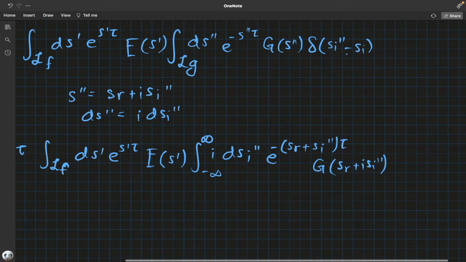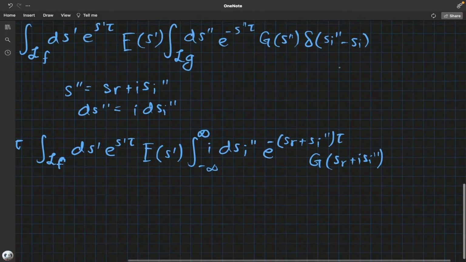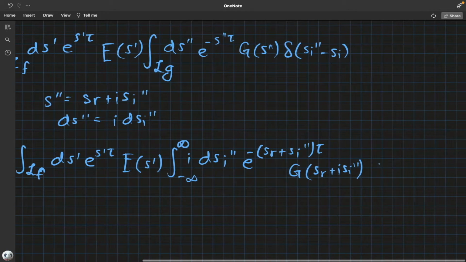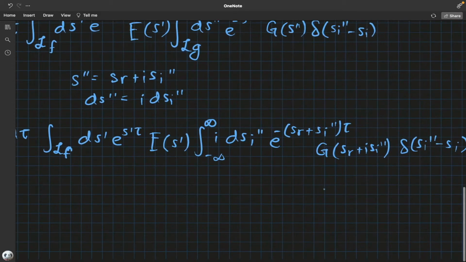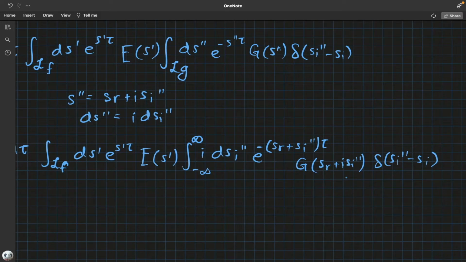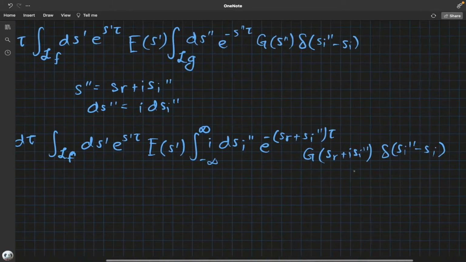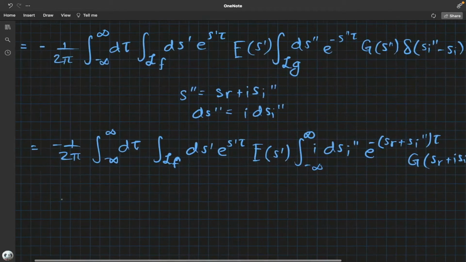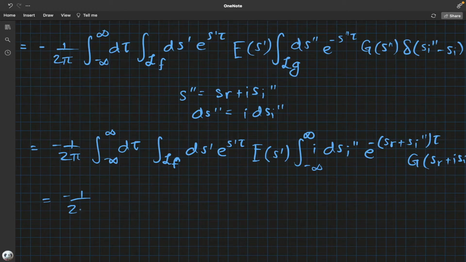But what this Dirac delta does is that it changes, or let me just write it down, it's probably better for everyone. So I have something like this. So now I can contract over the index using the Dirac delta property. Si double prime becomes an Si, and we get rid of the integral.